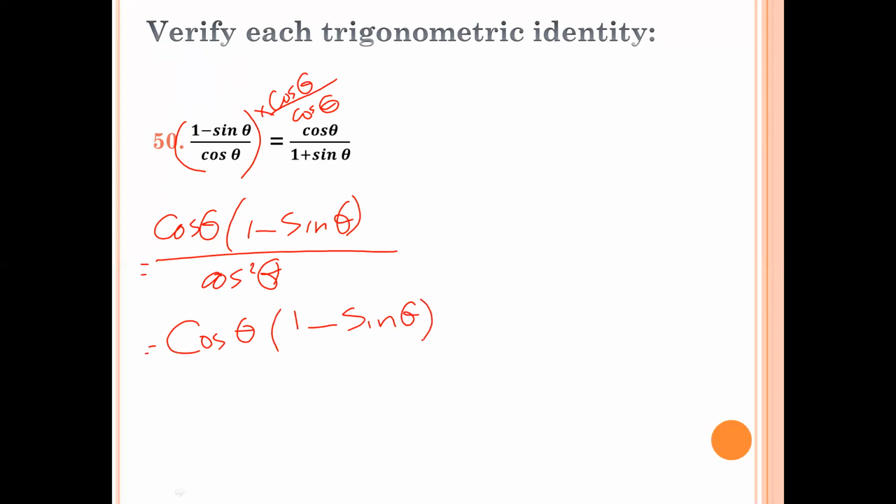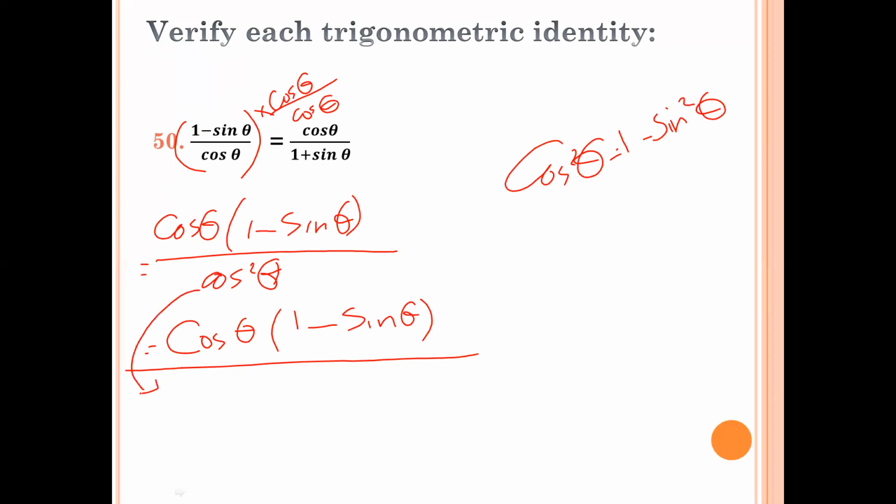Now, going to the Pythagorean theorem, cosine squared of theta is 1 minus sine squared of theta. So down here, this cosine squared, I write as 1 minus sine squared of theta.